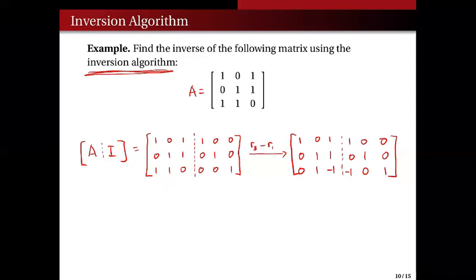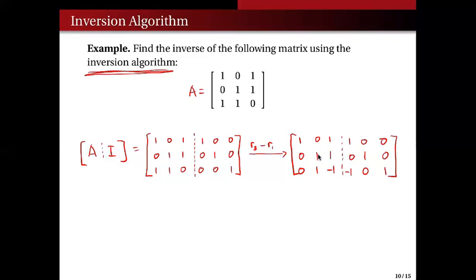So now, this is a leading one. All the entries here are 0. We go to the next row. We now look at second row and third row. This guy here could be a leading one. So if we chose the second row to be the top row, quote unquote, then we go to step 4 now.